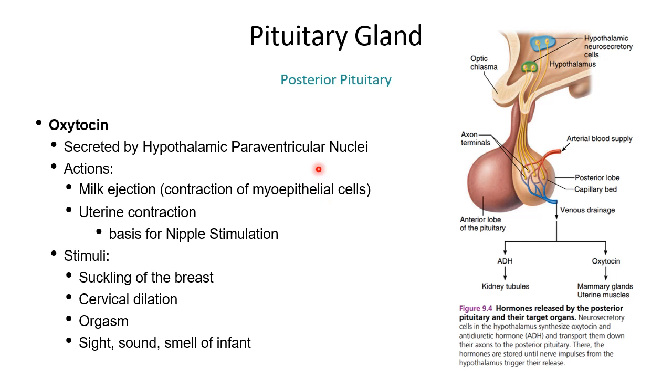Now let's look at the individual hormones. Oxytocin is secreted by the paraventricular nucleus of the hypothalamus. You can think of the hypothalamus in this way, such that at the lateral aspects and on the medial aspect of the hypothalamus, there is literally a space where CSF or cerebrospinal fluid is present.